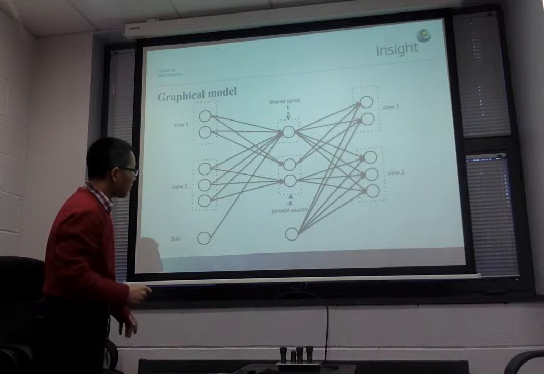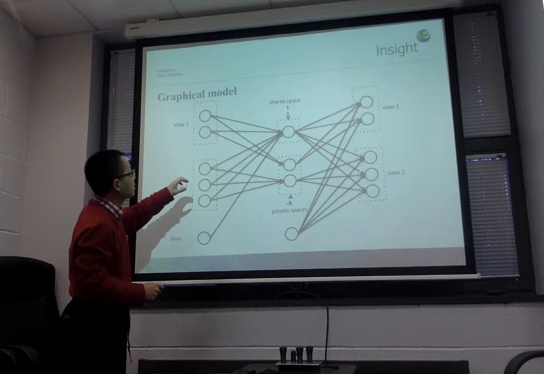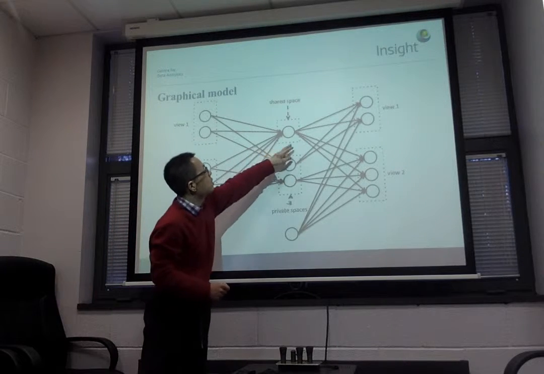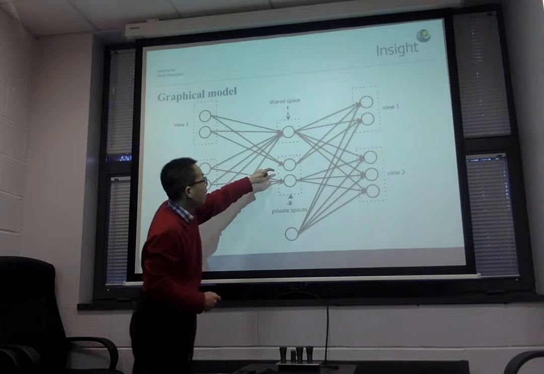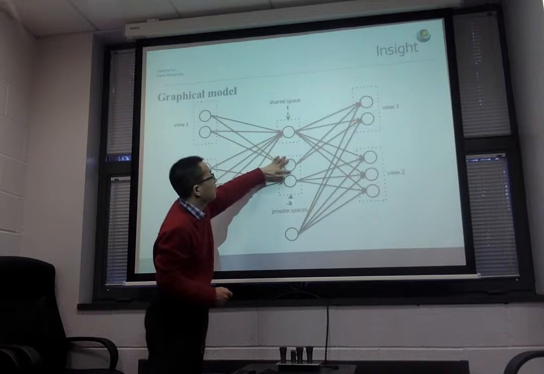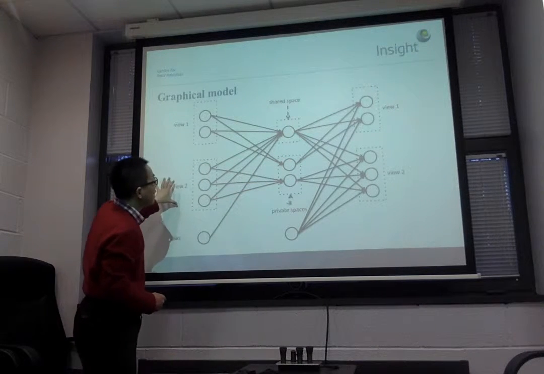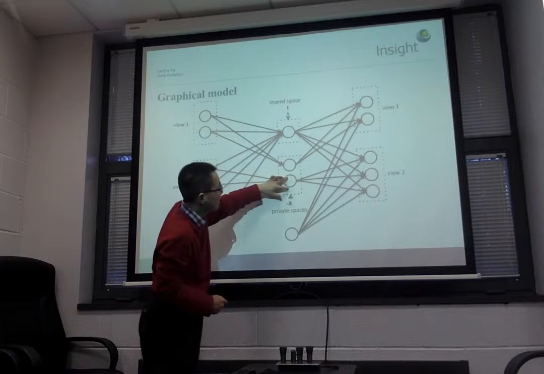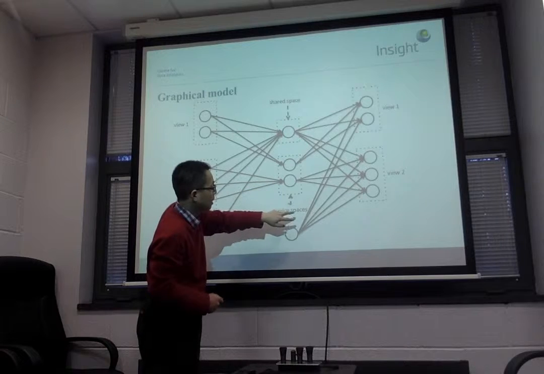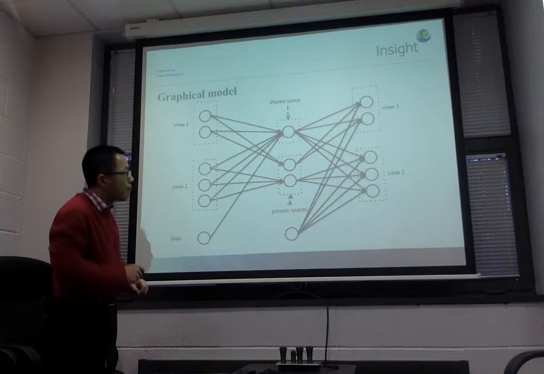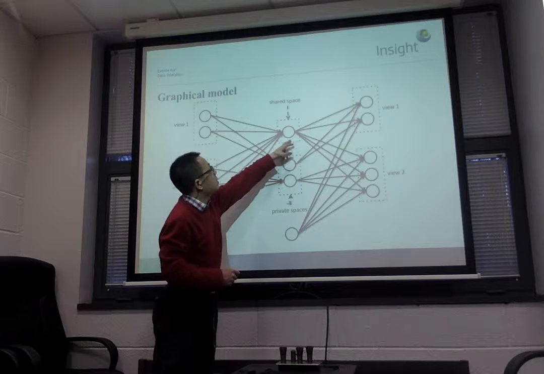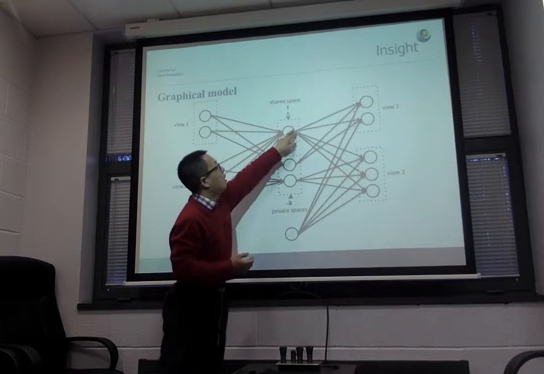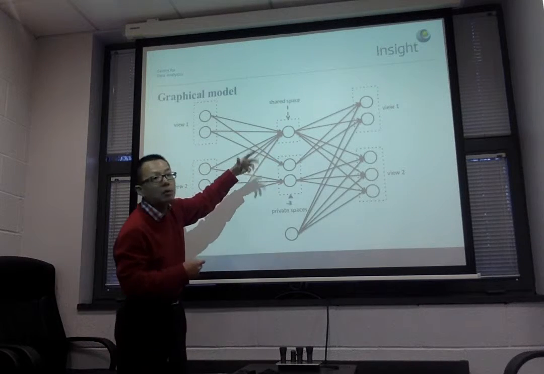And then just to notice, the first view only connects to the shared space, and the private space is this one. And the second view, similarly, connects to the shared space and the second neuron of the private spaces. So in summary, in real cases, the number of neurons may be more than one.